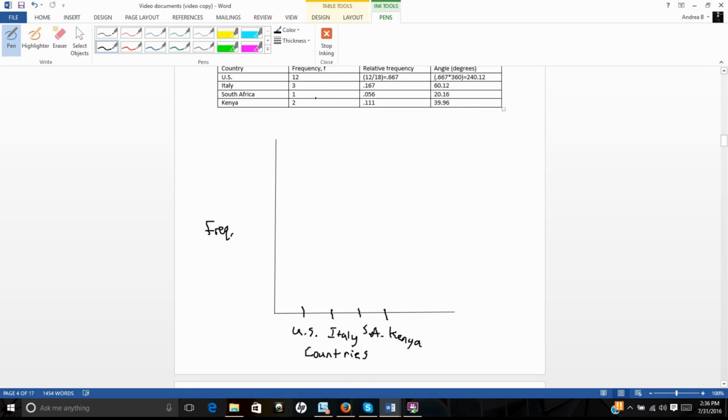And in this case, if you look at your frequency, the largest one we have there is 12. You can choose what scale you want to do. Just make sure that you're consistent. In this case, I'm just going to go up by ones again, since we do have these ones for Italy, South Africa, and Kenya that are quite small, so that way it's a little bit easier to label those here. So let's mark those.